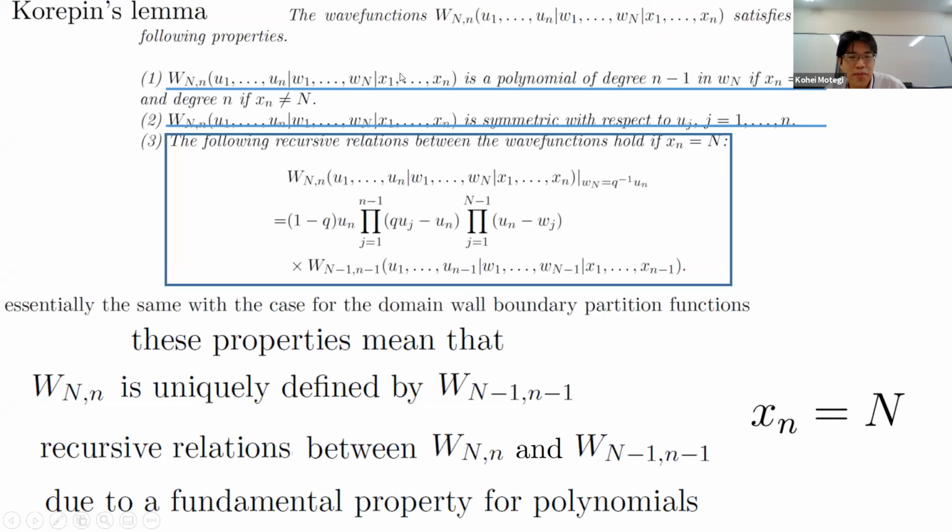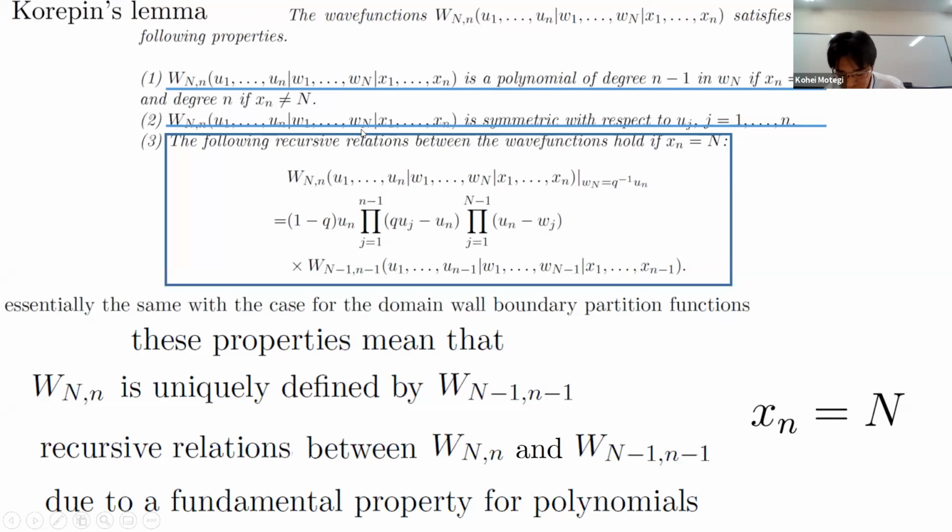This first property says that this is a polynomial of degree small n minus 1 in W large N if x n is equal to large N. So this means that if we could evaluate this partition function at small n points, then we can recover this from the evaluation at small n points.